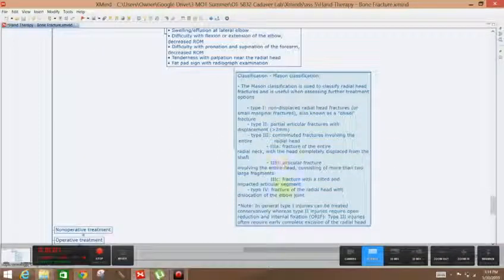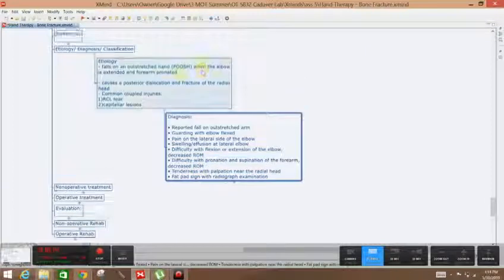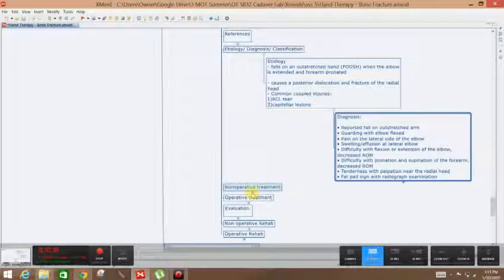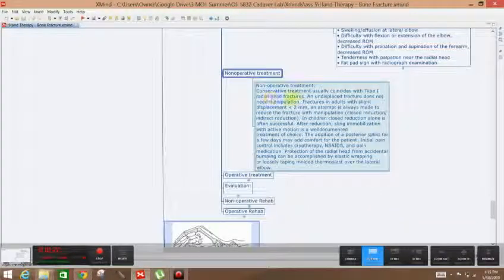There are classifications. I won't go extremely into these in this recording. And so now there are the treatments. The non-operative, conservative treatment is usually for a type 1 radial head fracture. And you can go over this later on.